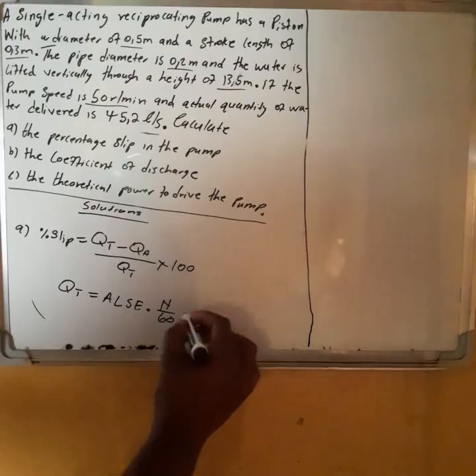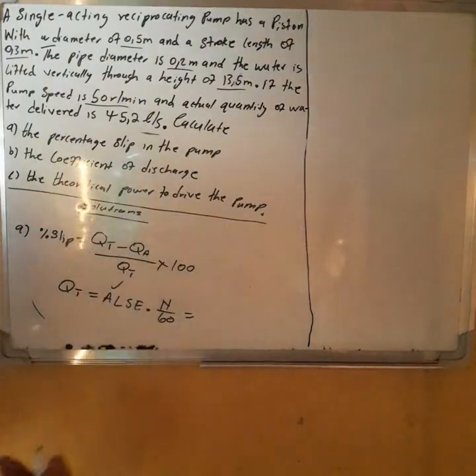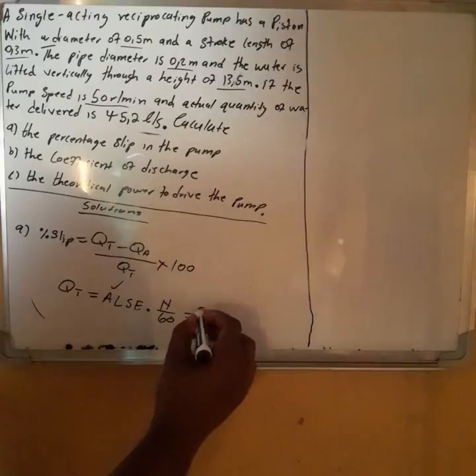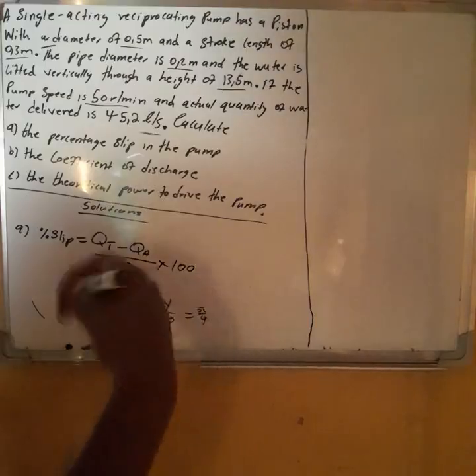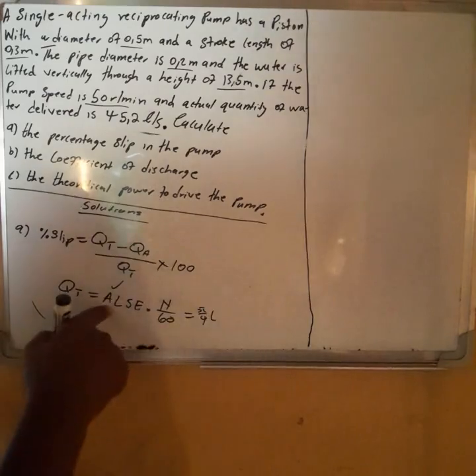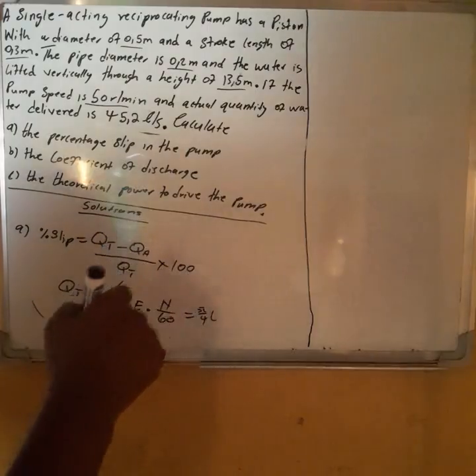The area is given by pi over 4 d squared, where d must be the diameter of the piston, or the bore.